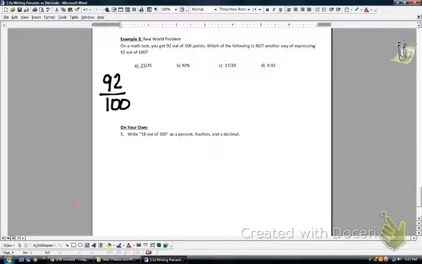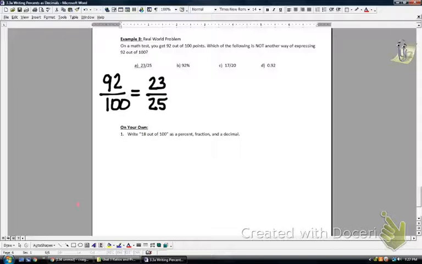And they are both even numbers, so I know that they are divisible by 2. But I'm just going to use my calculator, and you can do the same thing. 92 over 100, I'm going to put that in my calculator. And then when I press equals, I get 23 over 25.